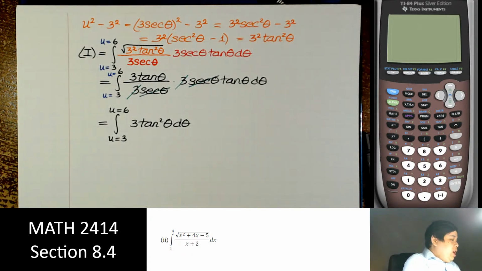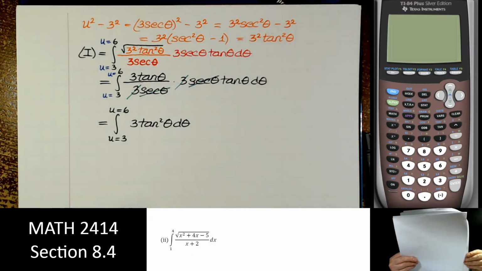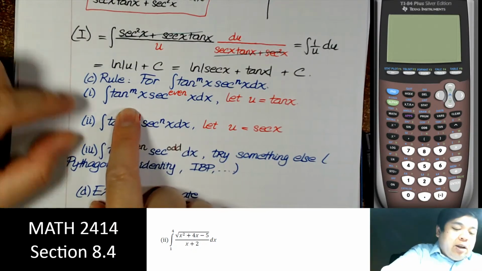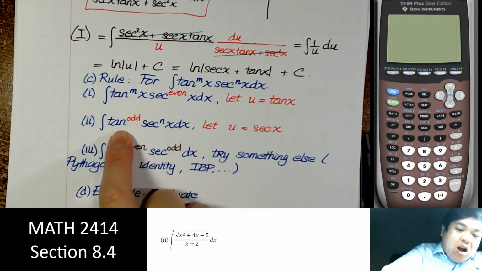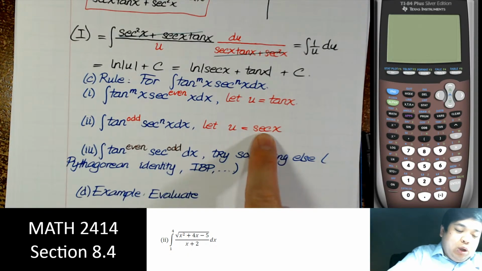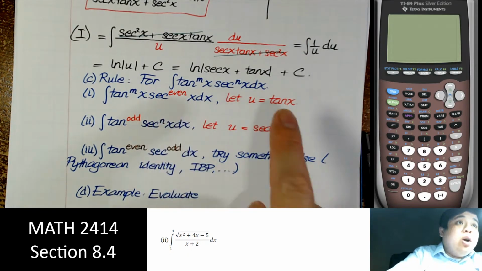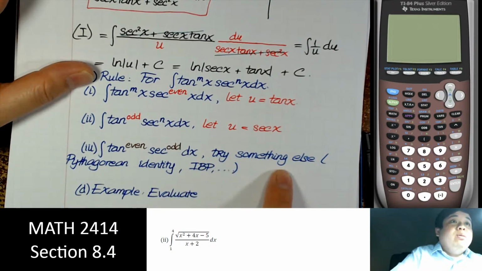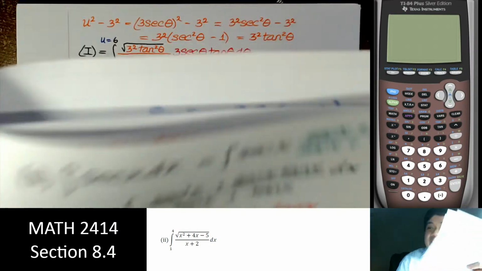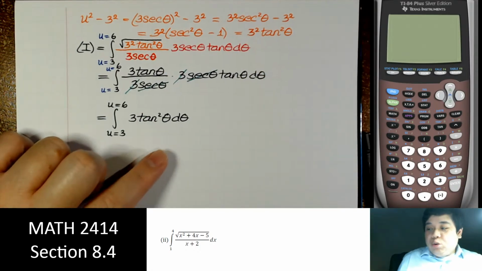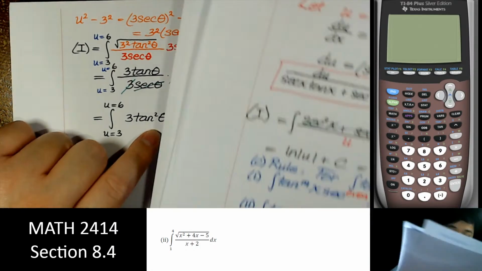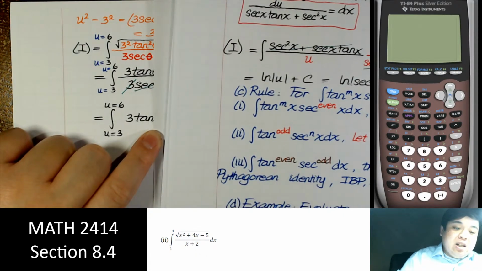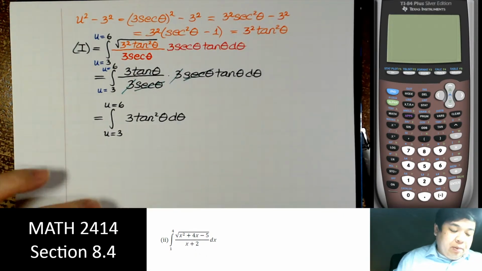So what do we do with tangent square? Now let's go back to section 8.3. When the power of tangent is odd, we use that. Power of secant is even, we use that. When tangent is even, well, try something else. That's not a good thing, but usually integration by parts or Pythagorean identity. So I will go with that actually.